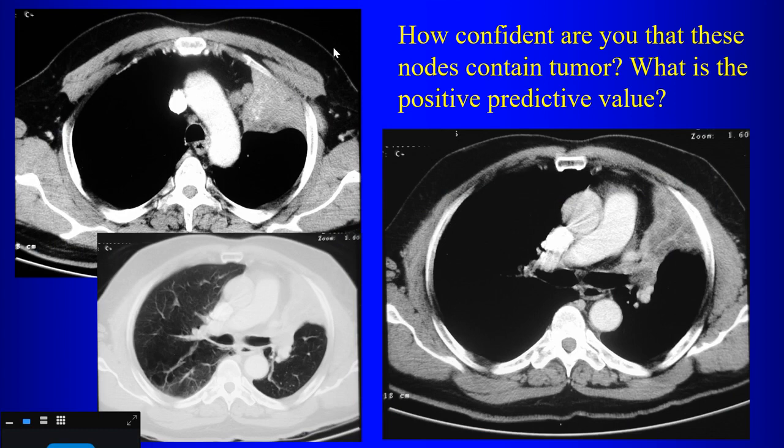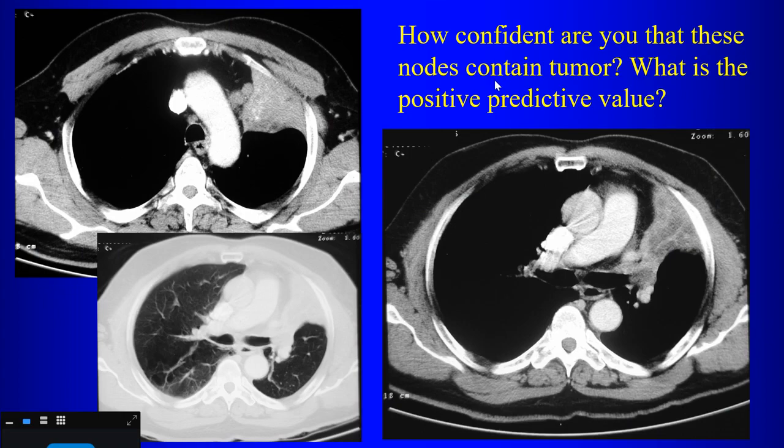Why is there atelectasis there? Can you do better than that? Why is there atelectasis? Endobronchial lesion. Do you see an endobronchial lesion? There's an endobronchial lesion right here, left upper lobe bronchus. There's an endobronchial lesion with post-obstructive collapse here, right? So there's atelectasis there. Here's your endobronchial lesion.